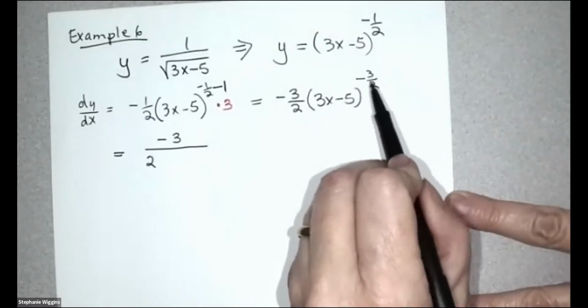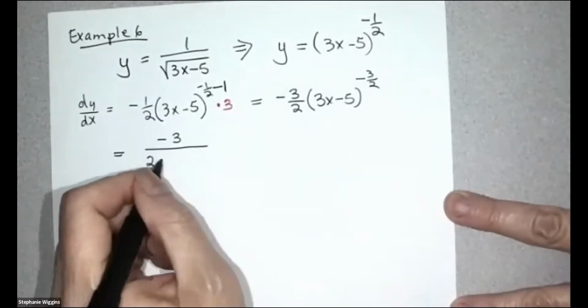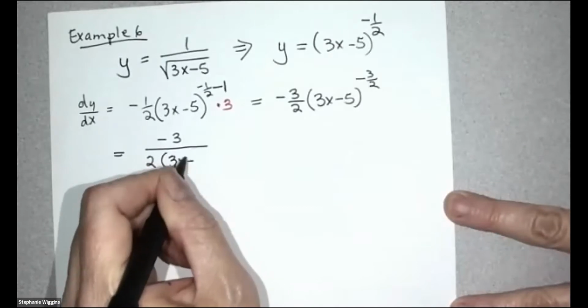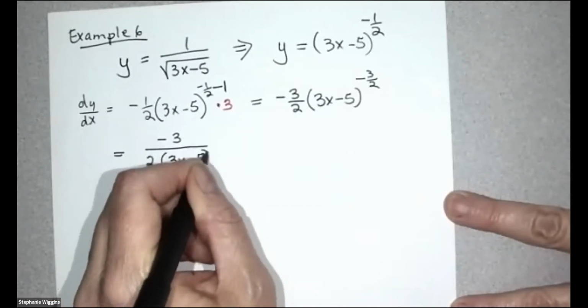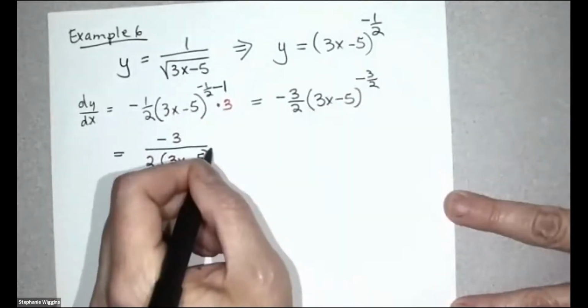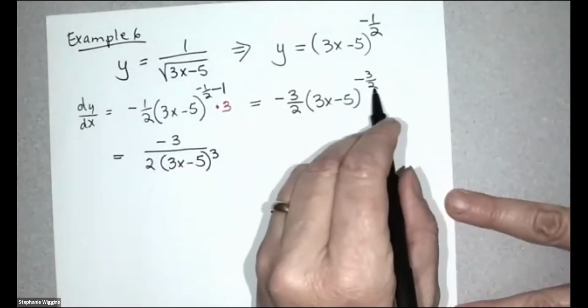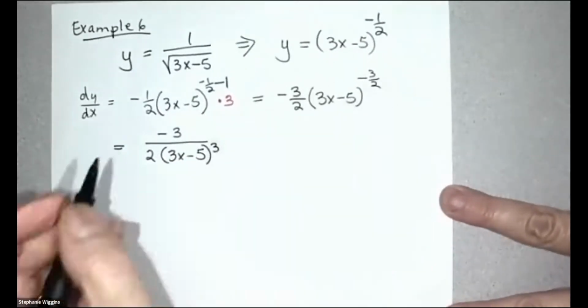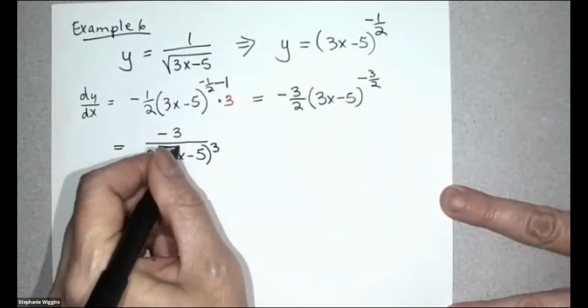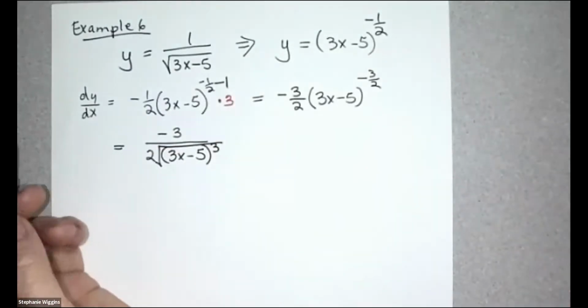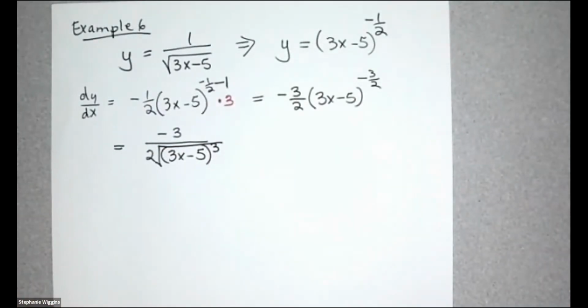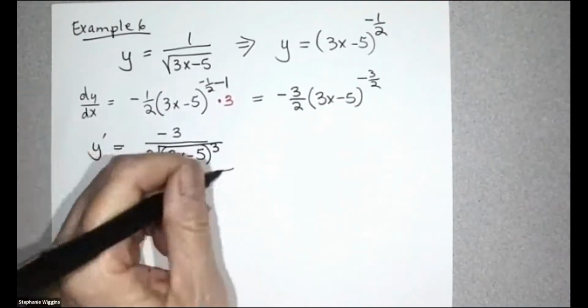Because of that negative, it means it goes to the denominator. So this becomes 3x minus 5. The 3 means I cube it, and the 2 in the denominator of the exponent means I take the square root of that. Okay? So that's my derivative there.